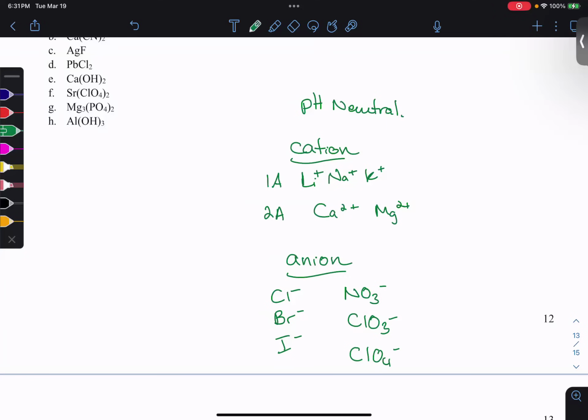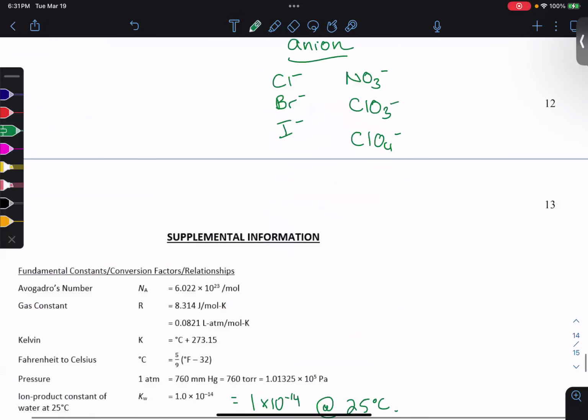So you might be wondering, is sulfate a pH neutral salt? It is not, and here's the reason. Do you remember in Chem 1220 or 1210 when we said sulfuric acid is a strong acid, but what was the caveat? Only the first proton is strong. So when the first proton comes off sulfuric acid, you make HSO4 minus.